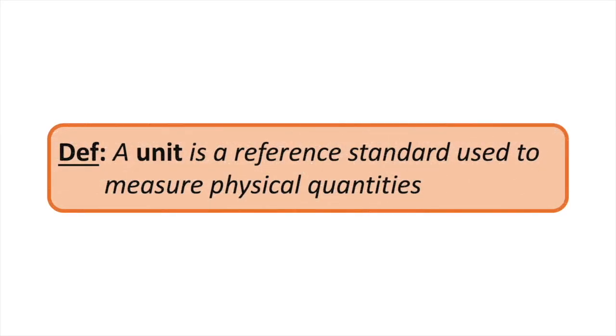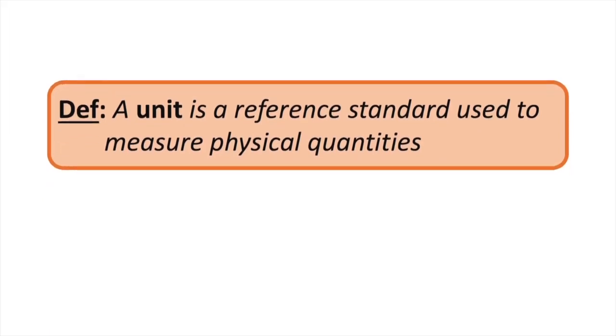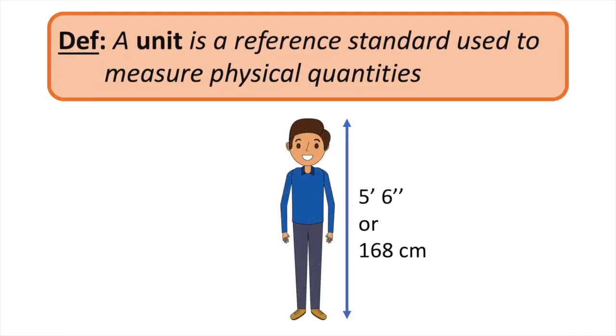Okay, so let's talk about units. A unit is a standard that we've all agreed on so that physical quantities can be meaningfully measured by making comparisons to them. For instance, when you say that someone is 5'6" or 168 centimeters for lovers of the metric system out there, what you mean is that they are as tall as 5 times a foot plus 6 times an inch, where a foot and an inch are both some standard of length that we've all agreed on.